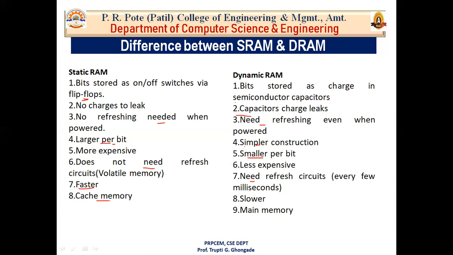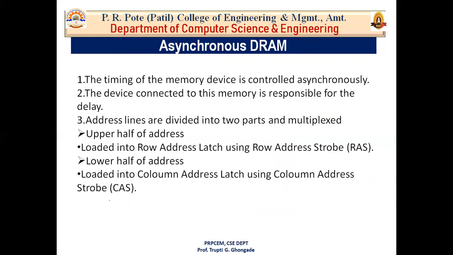Then dynamic RAM memories are again categorized into asynchronous DRAM and synchronous DRAM. So here is asynchronous DRAM. The timing of the memory device is controlled asynchronously.